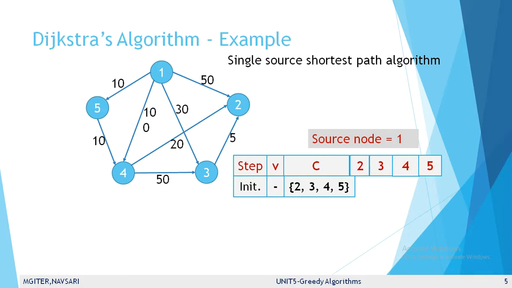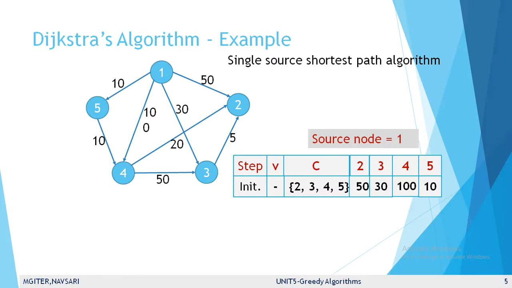From 1 to 2 the distance is 50, 1 to 3 is 30, 1 to 4 is 100 and 1 to 5 is 10.